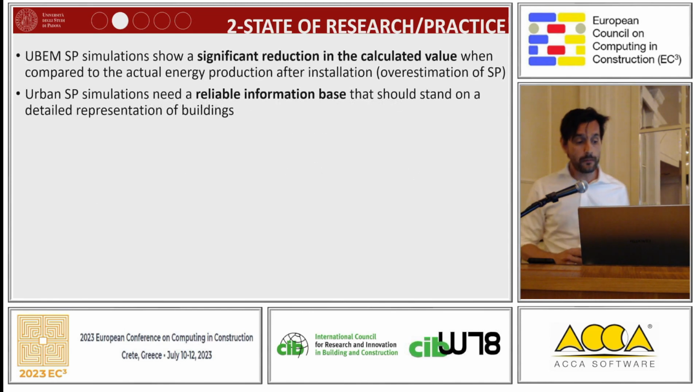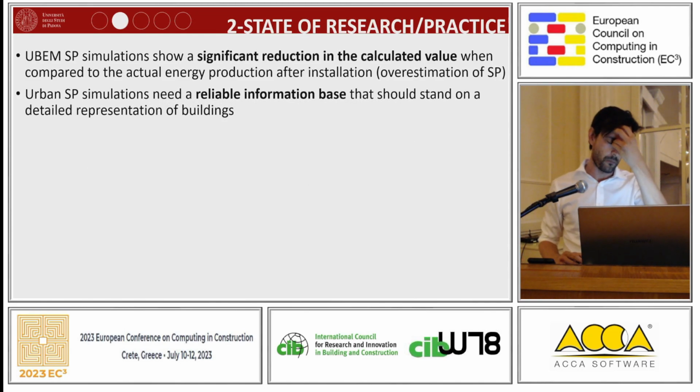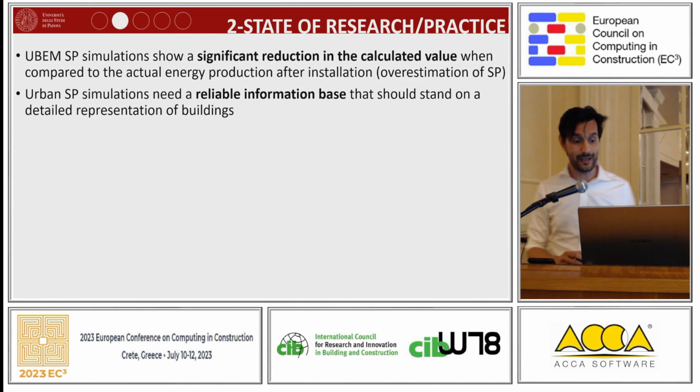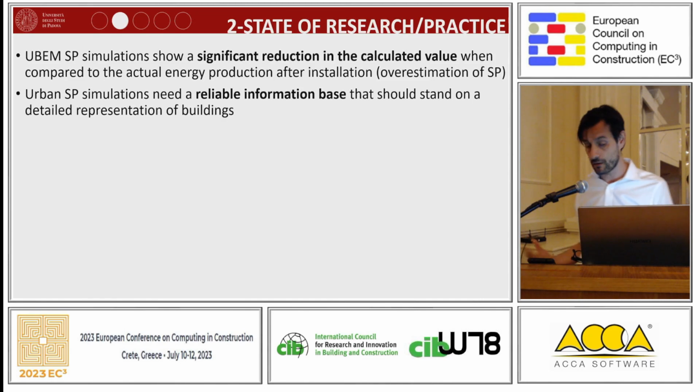So the first problem is that starting from urban simulation with simplified analysis of the solar potential, we are assisting to a significant reduction in the calculated value when compared to the actual energy production after installation. So the problem is that solar potential tools generate an overestimation of the solar potential.